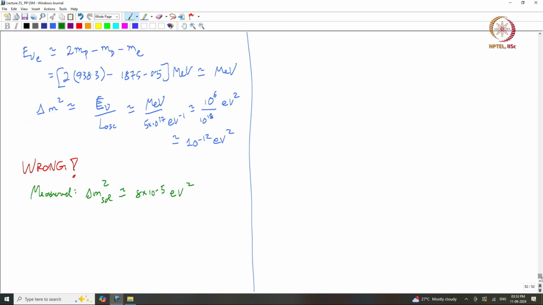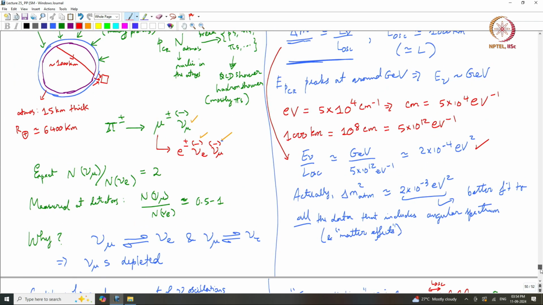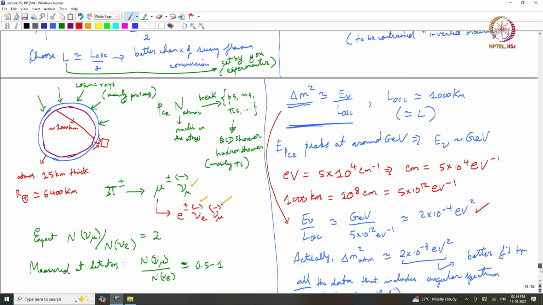So I'm going to phrase this differently. This is what you get from vacuum oscillations. What do I mean? I mean that in all the neutrino propagation that we have been looking at, we have implicitly assumed that everything is happening in vacuum, not in some medium, correct?